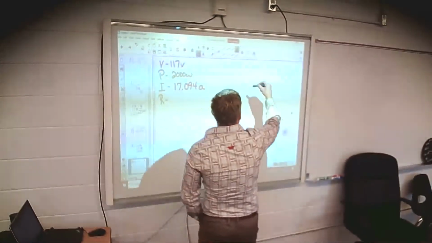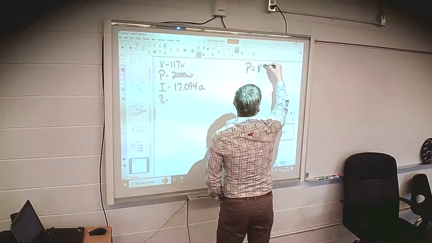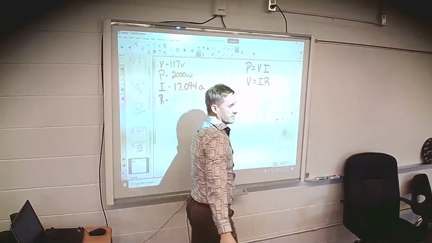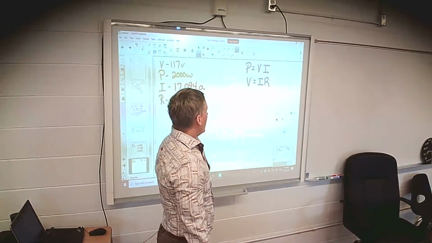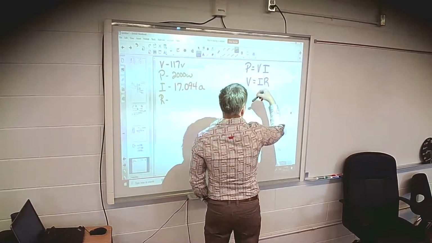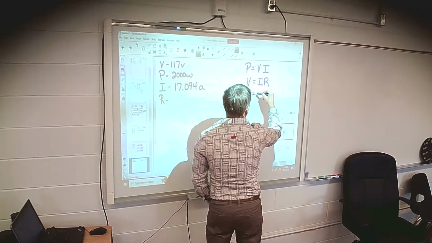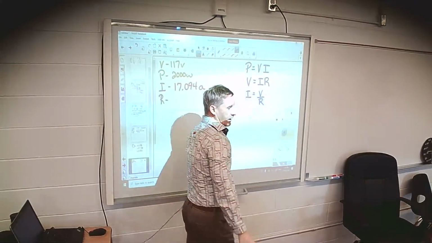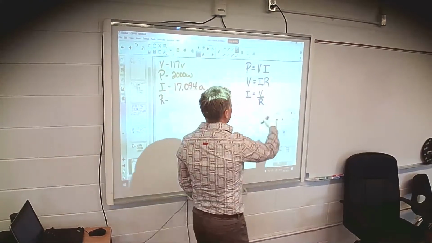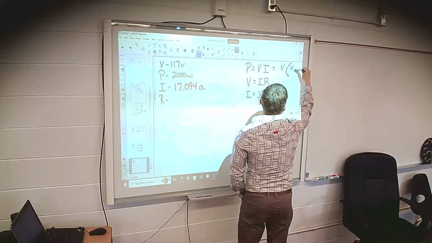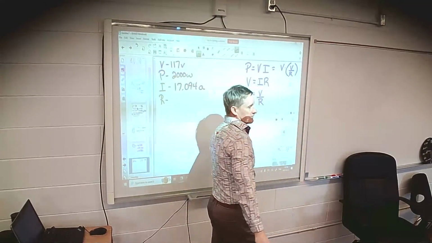Okay. This is what we started with, right? This and this. So how about we get rid of the I in this equation? So I'm going to get I equals what in here? That, correct? So if I substitute that into here, I get V times that.